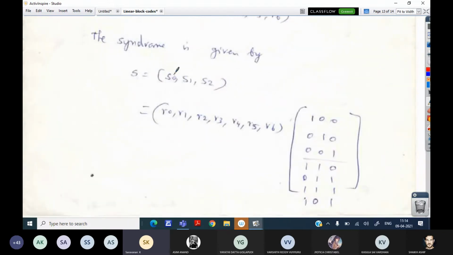Next, I am going to generate the syndrome just by multiplying the received vector by H transpose.